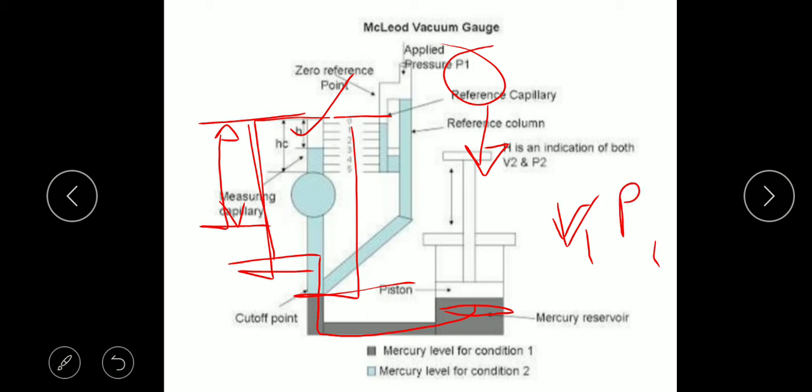Okay, now the second condition. Due to the continuous application of pressure onto the piston, the mercury level will start rising into the vacuum portions of this, and because of that the available gas will be compressed, and one condition will come where the mercury level will reach the zero position in the reference capillary.